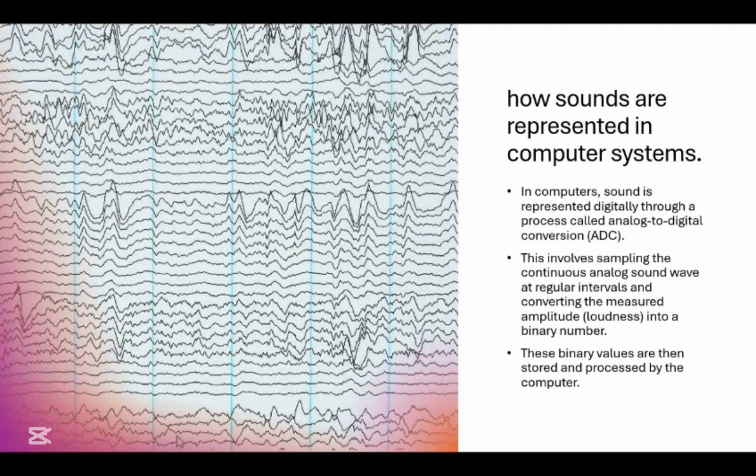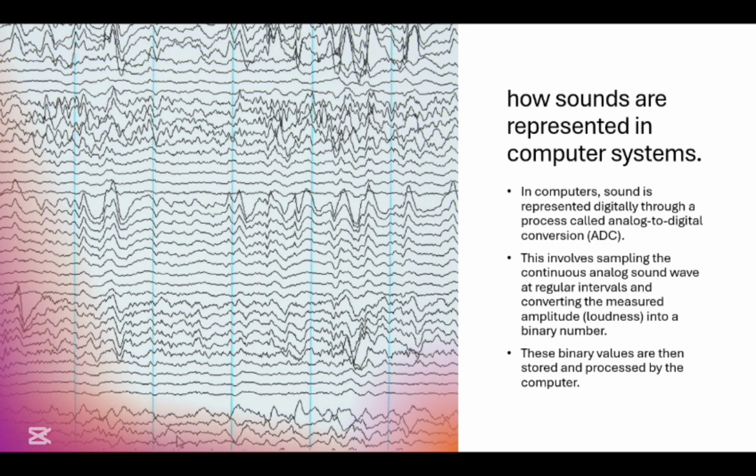This involves sampling the continuous analog sound wave at regular intervals and converting the measured amplitude or loudness into a binary number. These binary values are then stored and processed by the computer.